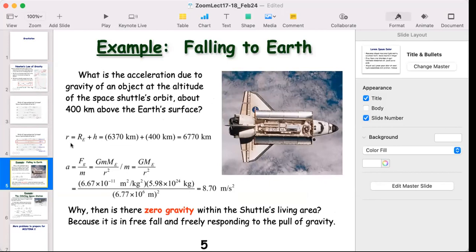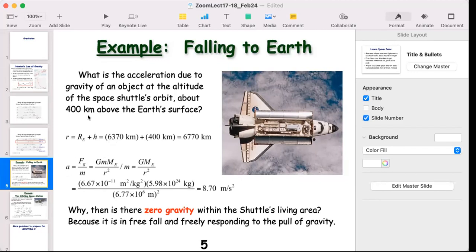So in this case, what we have is that the radius is the radius of our planet plus the distance: 6,370 kilometers, the radius of our planet, plus 400 kilometers. This is the distance of where the shuttle is from the center of our planet.